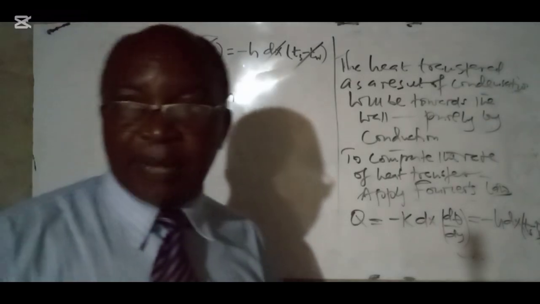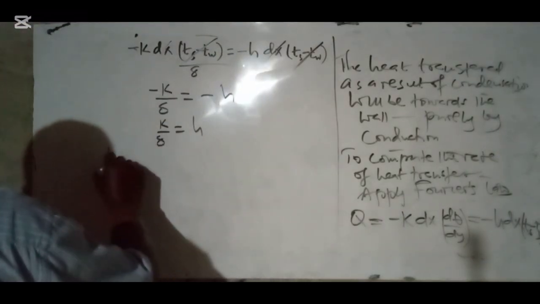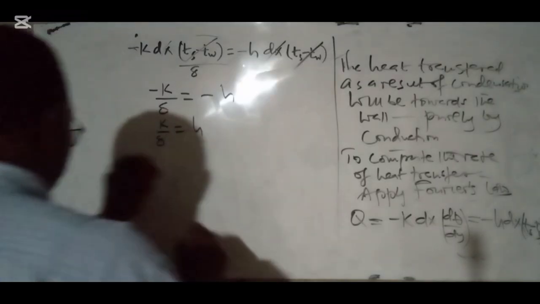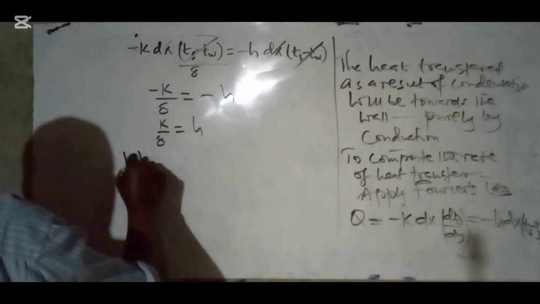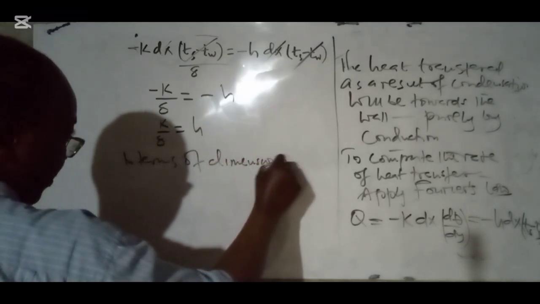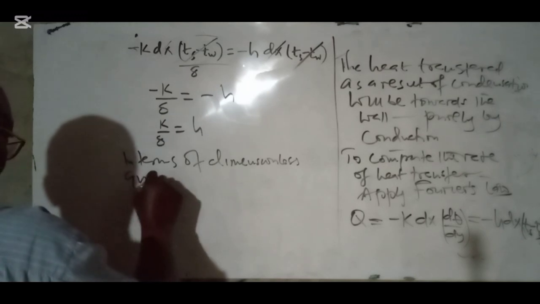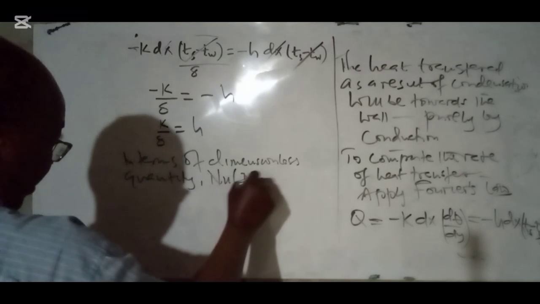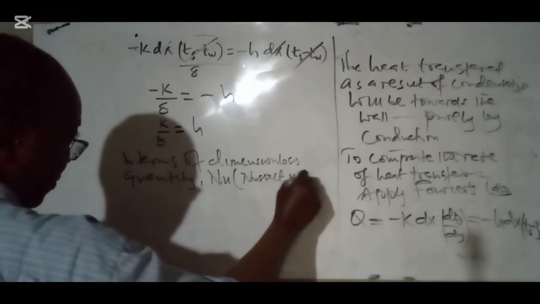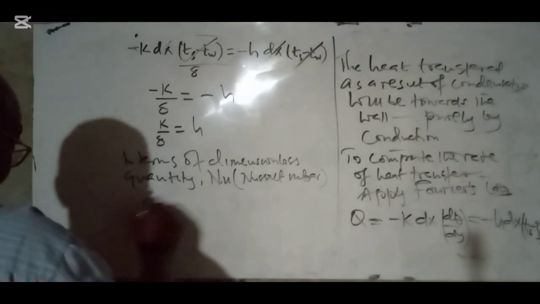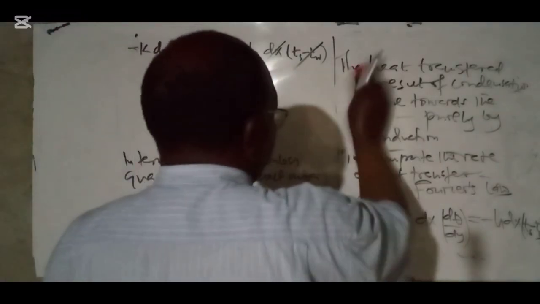And so we can write it in terms of dimensionless quantities. That's the Nusselt number. Remember that?